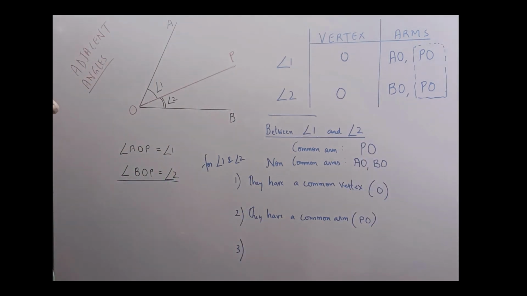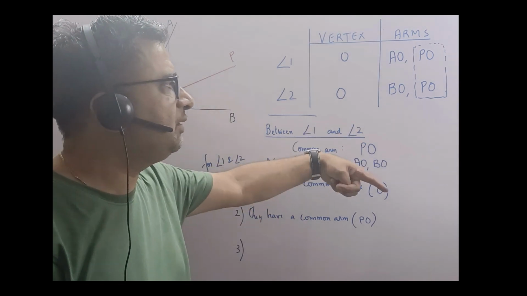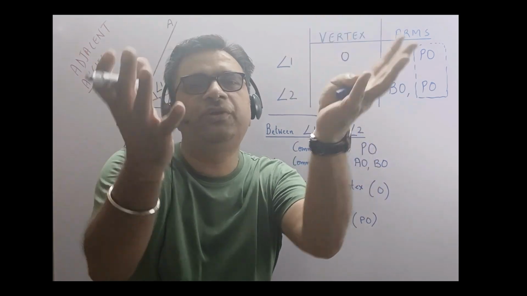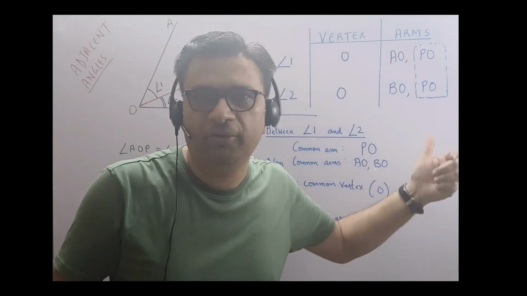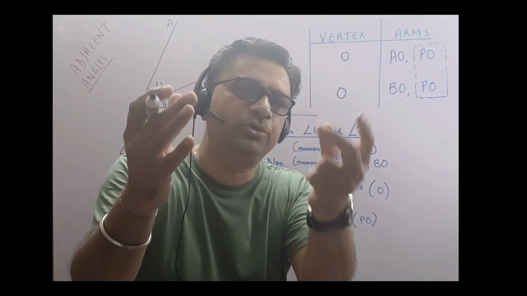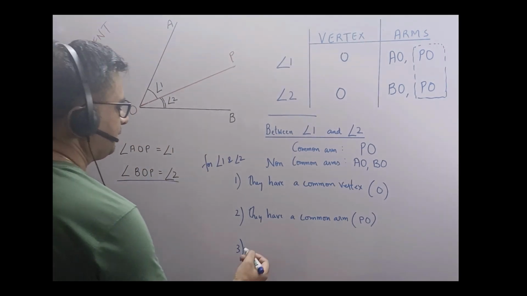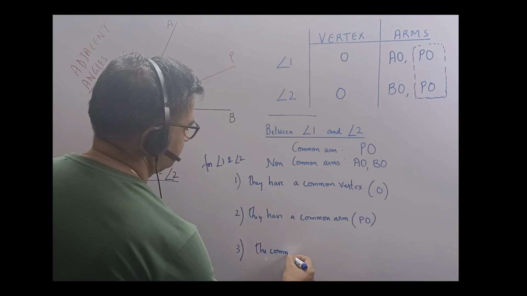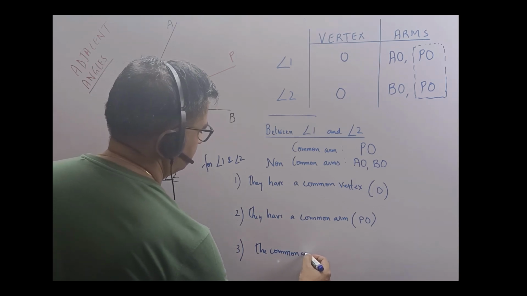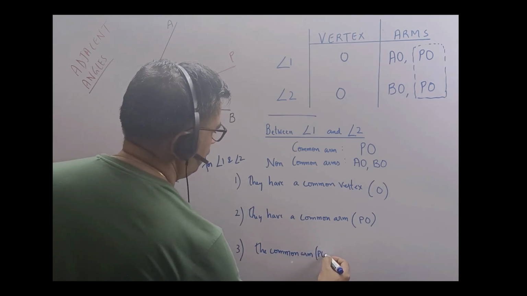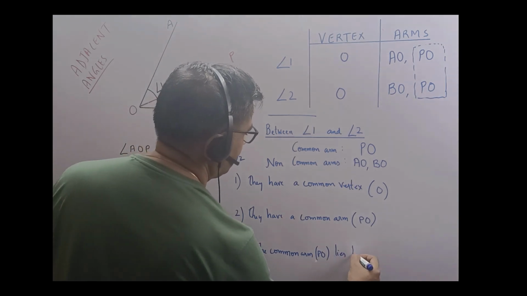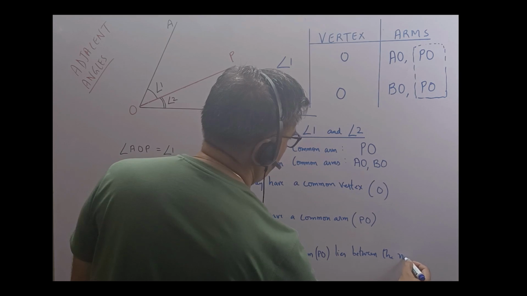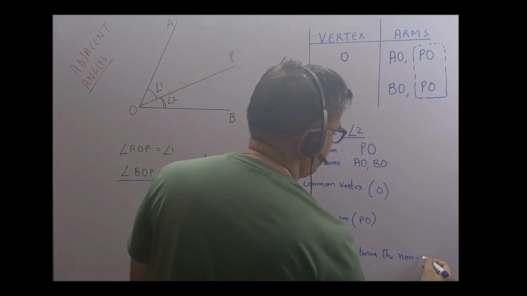Well, these two are so very easy to establish. And the third one, we're just going to frame the statement. The first two are already framed, and the third one is what we are going to frame. Now, what we are going to say here is that the common arm, that is PO, lies between the non-common arms.